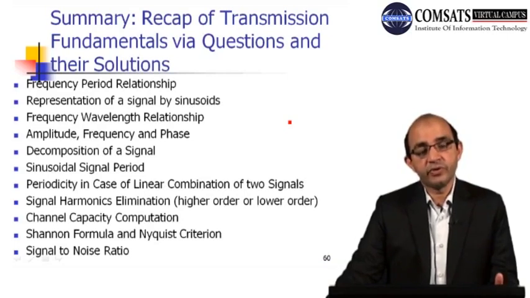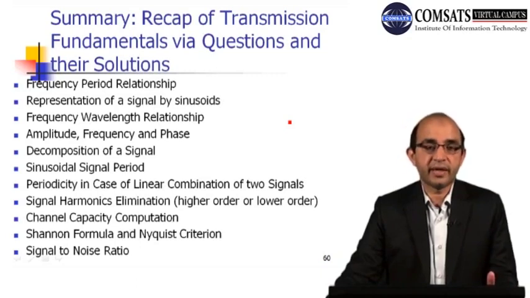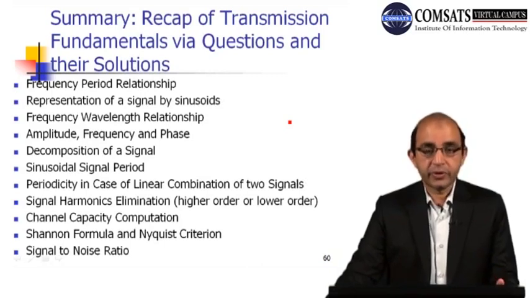Normally, we take the first few harmonics that contain most of the energy of the signal and ignore the rest, because they carry very low energy and can be ignored. In the other case, if we ignore the lower order frequency components and consider only the higher order ones, what will be the impact?